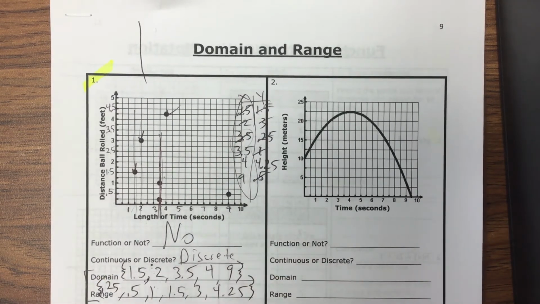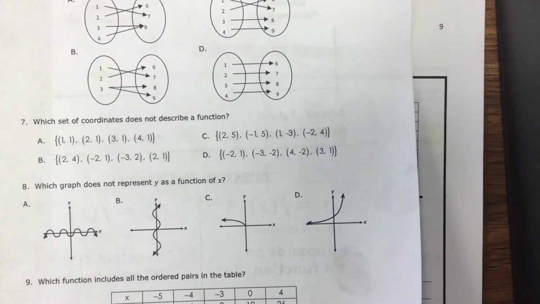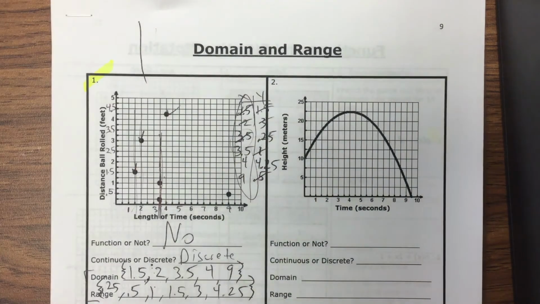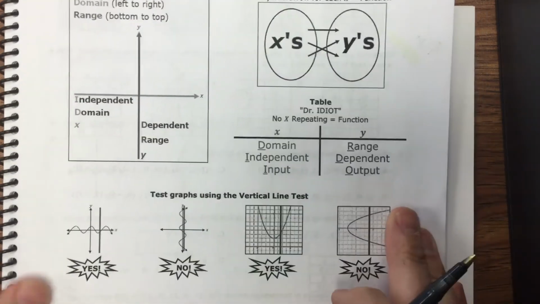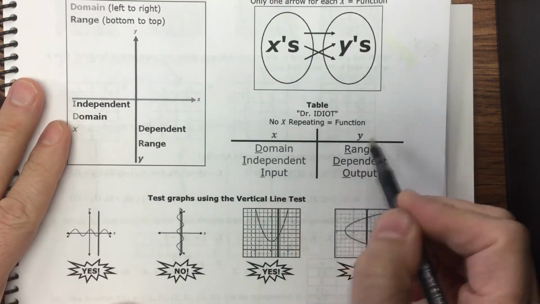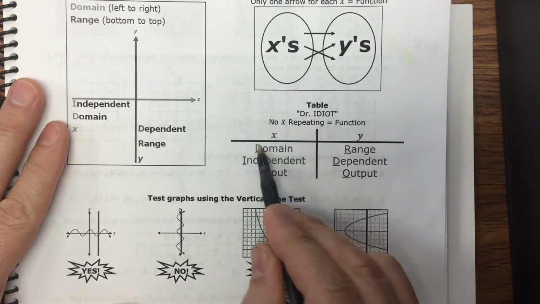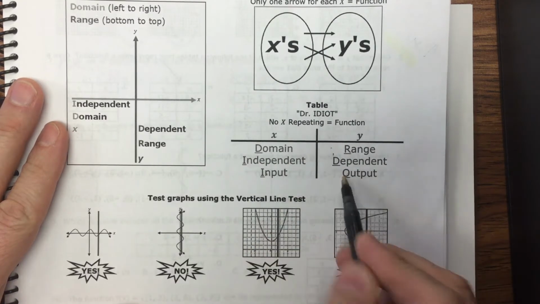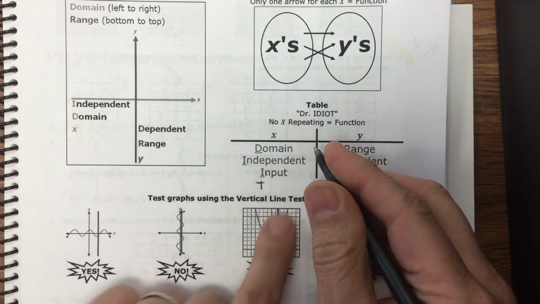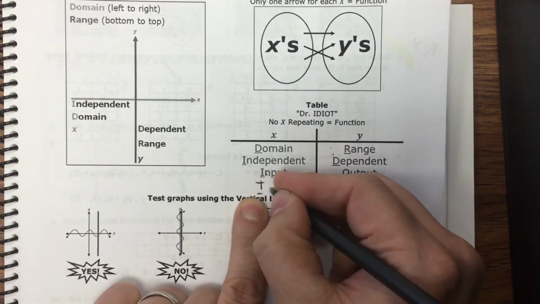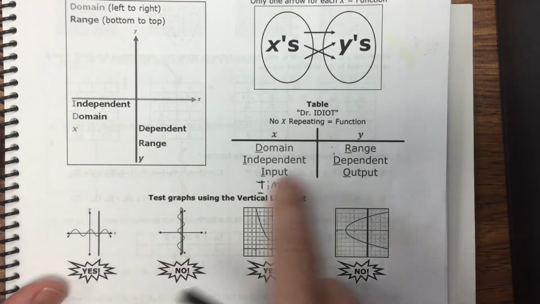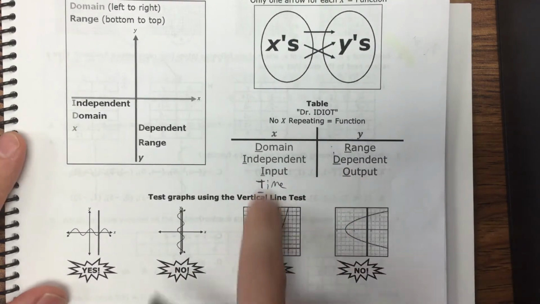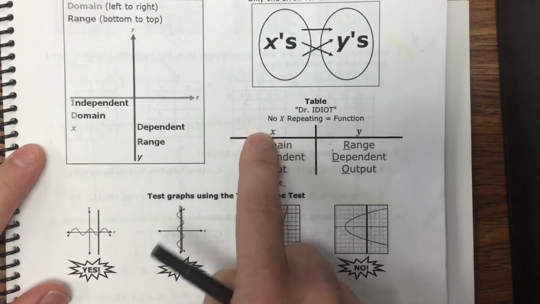What is the independent quantity? Well, if you remember Dr. Idiot on this previous page, Dr. Idiot helps you remember all of the vocabulary that goes with X and Y. And what is a T in idiot? Usually it stands for time, because whether you're dealing with time and money, or time and distance, time is almost always an X value.